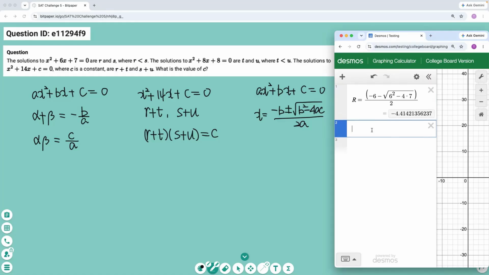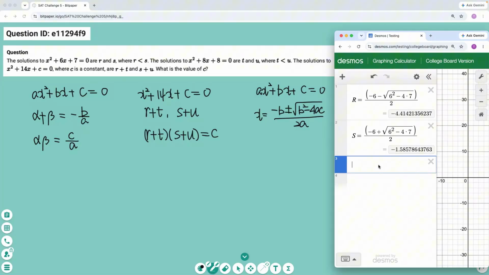And for the larger root, S equals negative 6 plus the square root of 6 squared minus 4 times 7, divided by 2. I'm using capital letters R, S, T, and U in Desmos because the lowercase r is reserved for polar coordinates. Desmos displays decimal values for these roots, and that's perfectly fine. The important thing is that we enter the full quadratic formula expressions rather than copying rounded numbers from a graph.